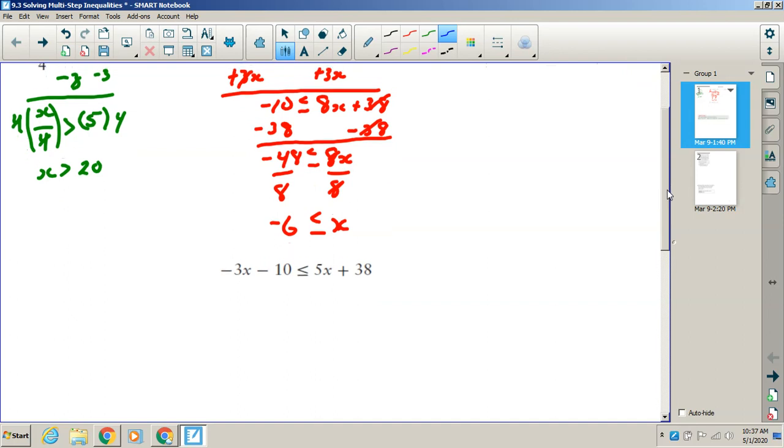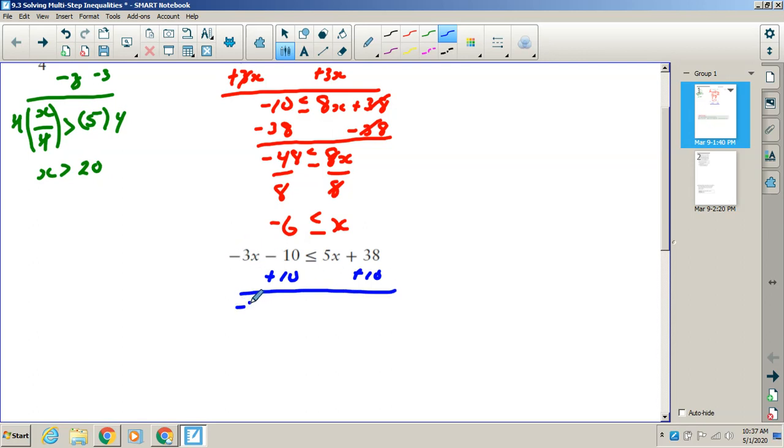There's my solution in red. I'm going to do the exact same thing, and hopefully I get the same answer. So negative 3x minus 10 less than or equal to 5x plus 38. Let's say instead of moving the negative 3x, I started with the minus 10 and did opposite operations. So I went plus 10 and plus 10.